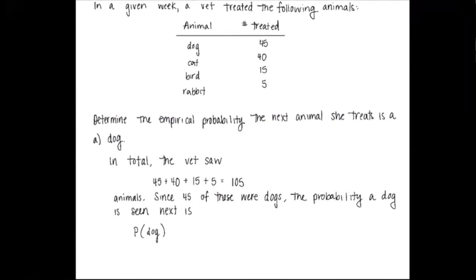Our event is, it's a dog. It's the number of times dog was seen divided by the total number of animals seen. And you already said it is 45 out of 105. Okay.